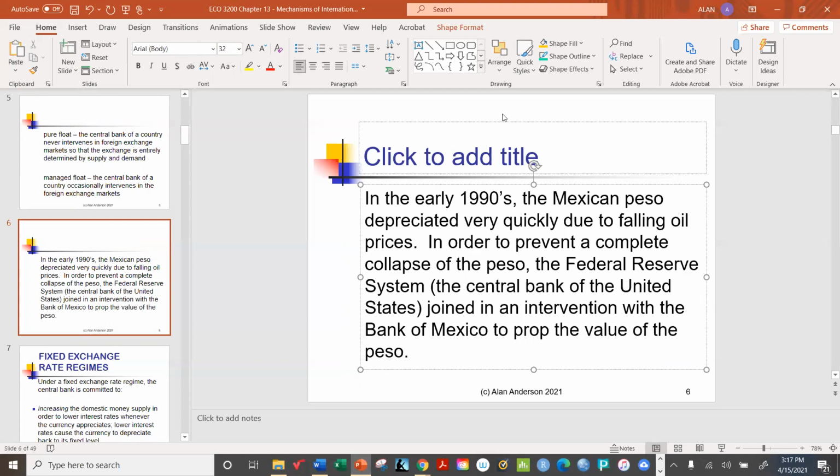So it's only because the peso was falling so quickly, the Mexican government was worried that the economy was in danger of collapsing if this kept happening.